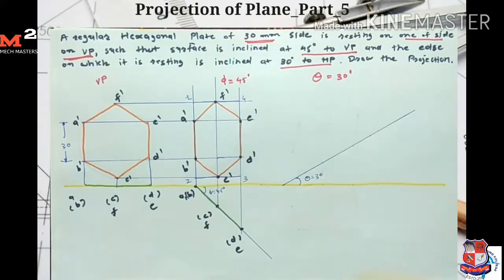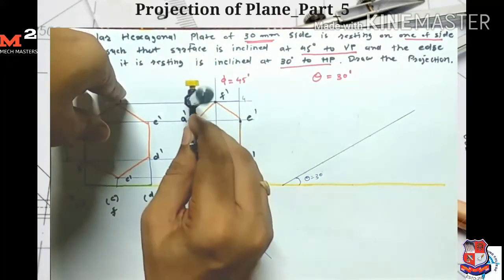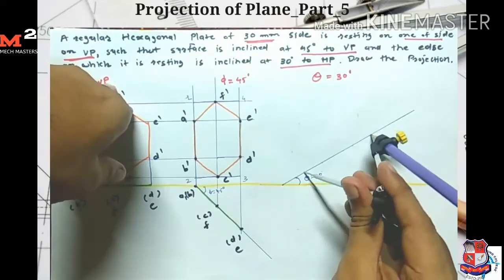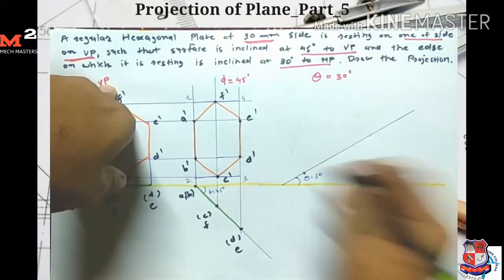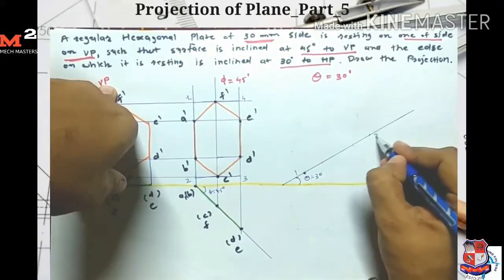So for that I measure this distance 1 to 2 and draw one arc here. So here I get my point 1 and here I get my point 2.